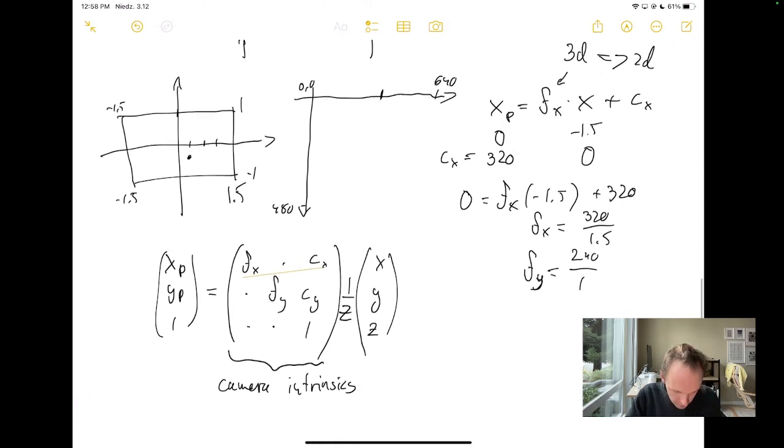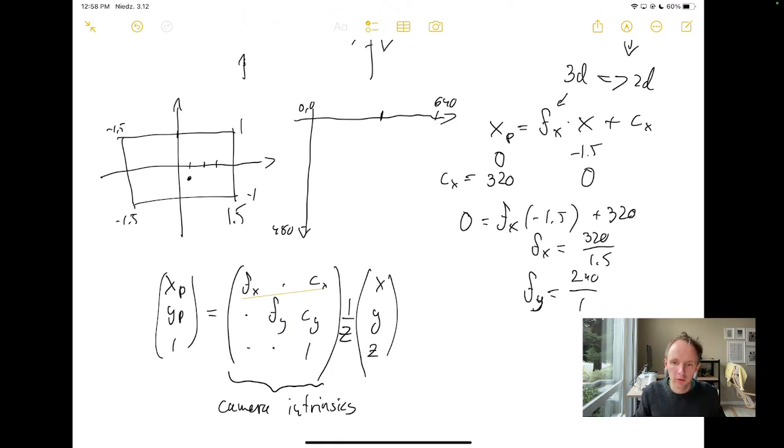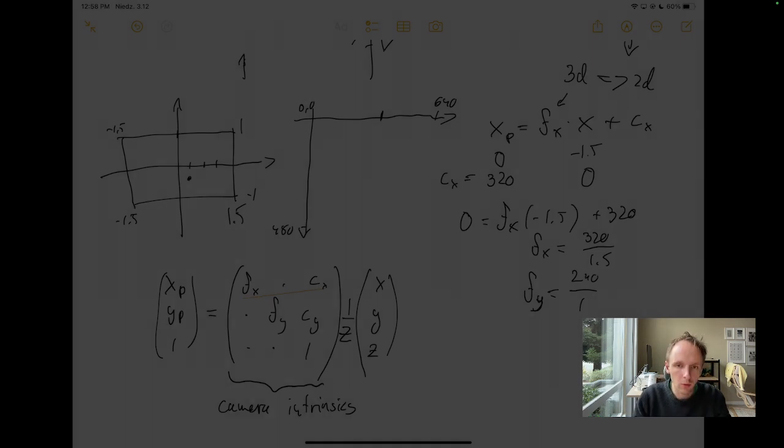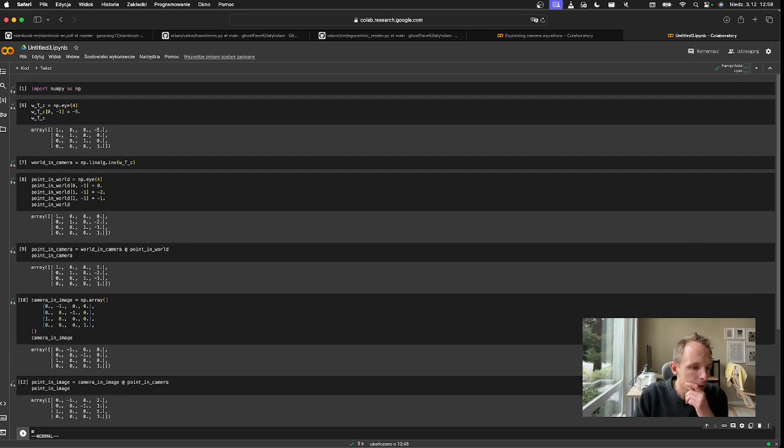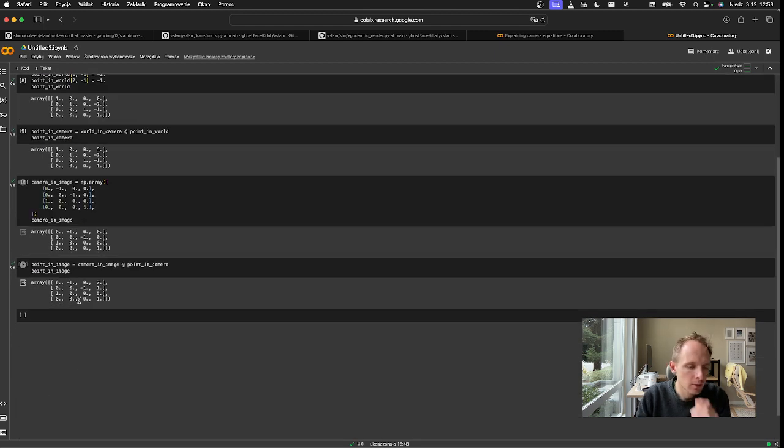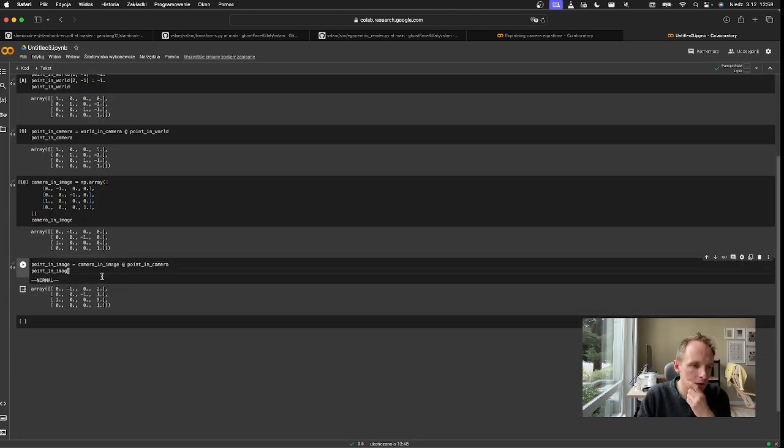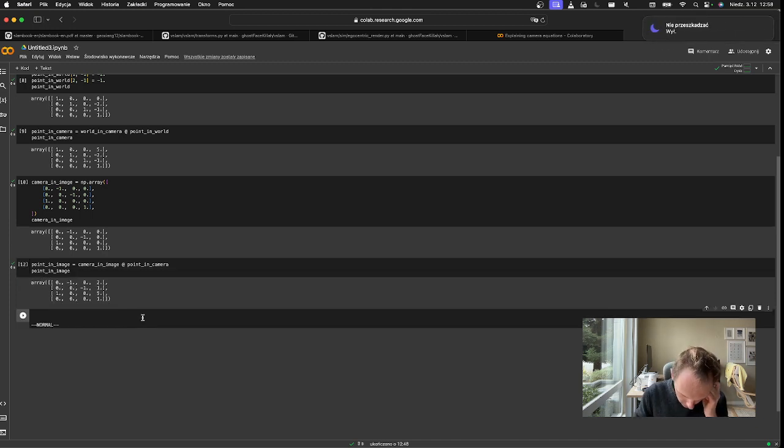Alright, so now let's move this to code. We stopped at point in image, and now from the image frame we want to go to normalized z.